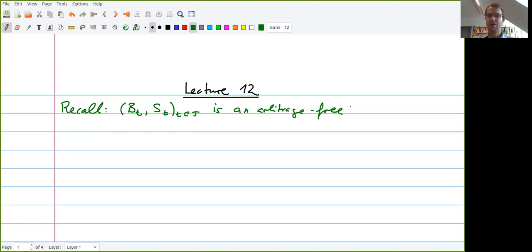To make our life a bit easier, we assume it's a finite market, so the underlying probability space has only finitely many elements. Think of the binomial model. This is the standard example, and in this case it's fulfilled.